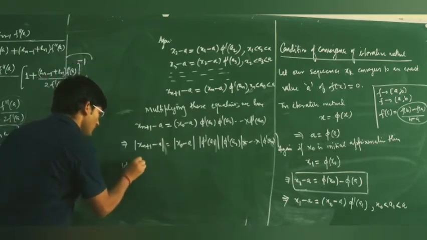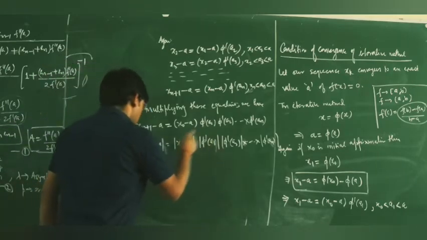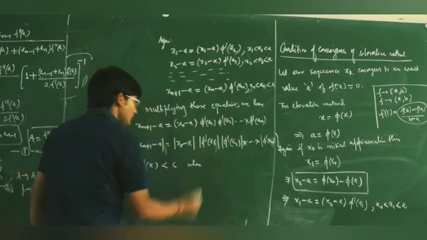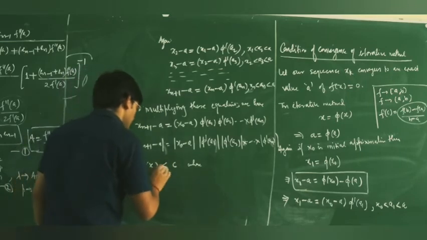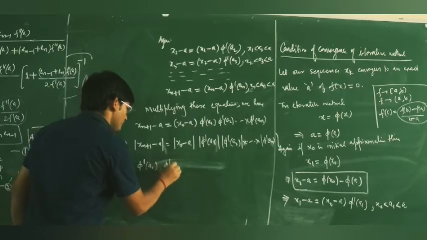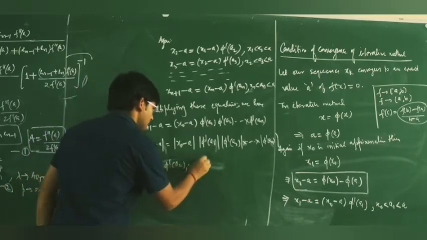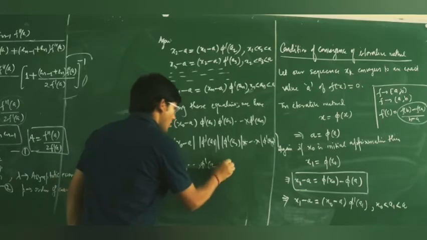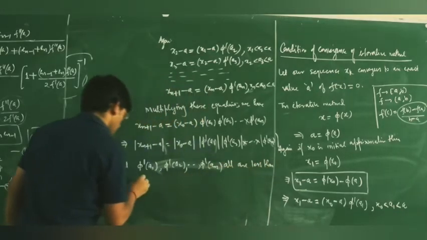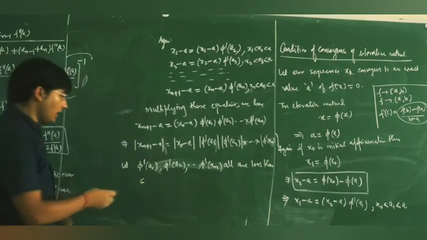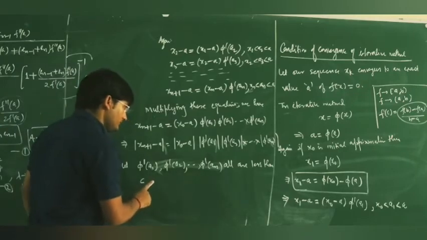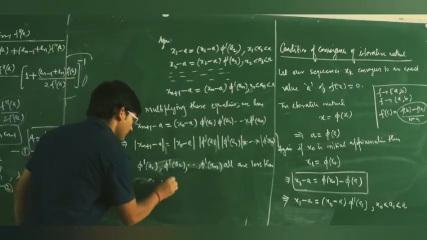So let us assume that phi dash a1, phi dash a2, up to phi dash an are all less than or equal to c.